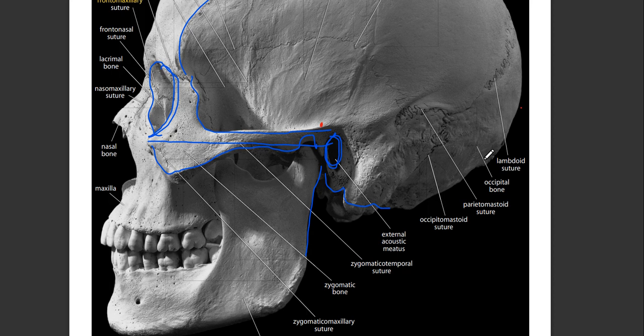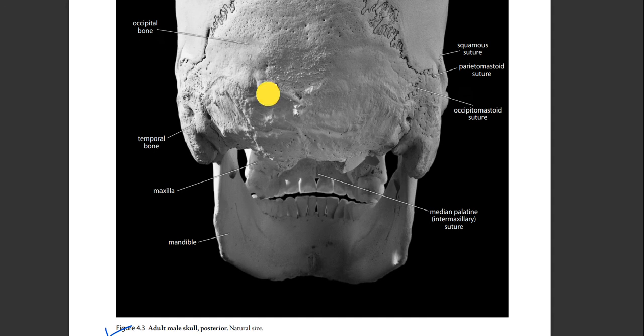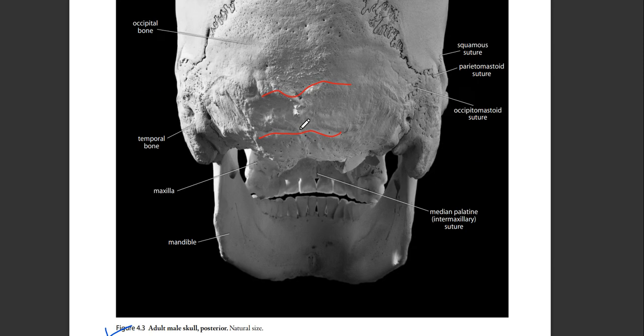So here we are talking about the superior nuchal lines. Let me show you in the posterior view. These are the nuchal lines. Now this point, on the superior nuchal line, is identified as inion. Labeled by I.